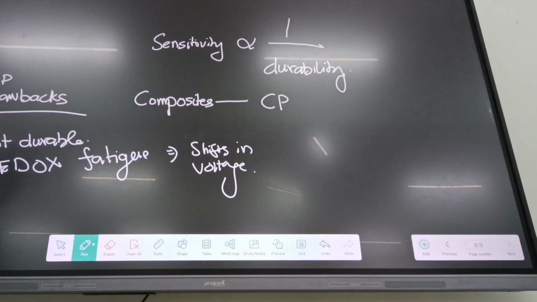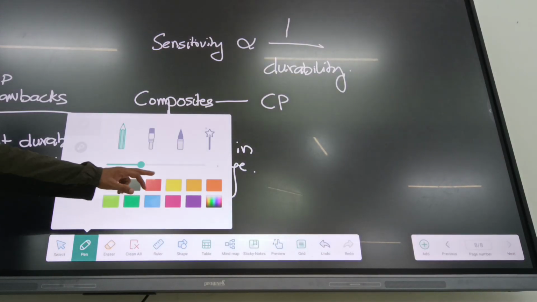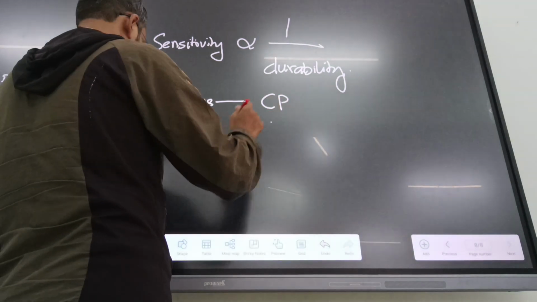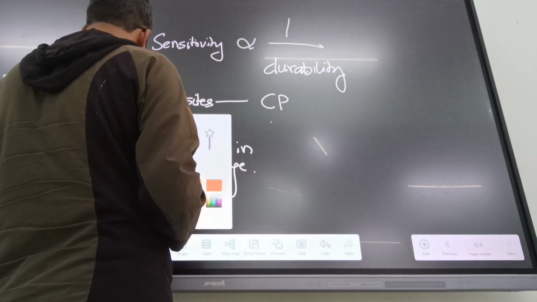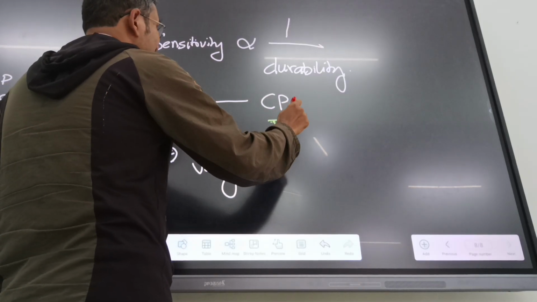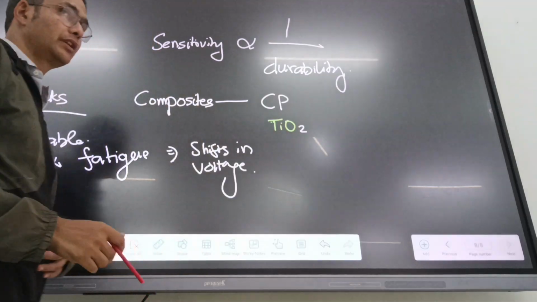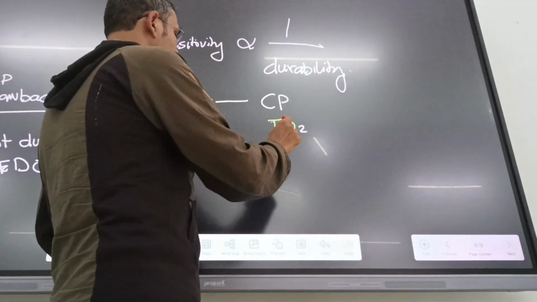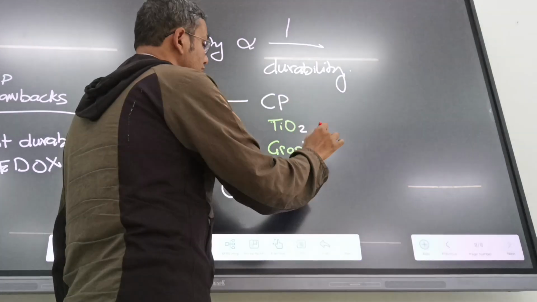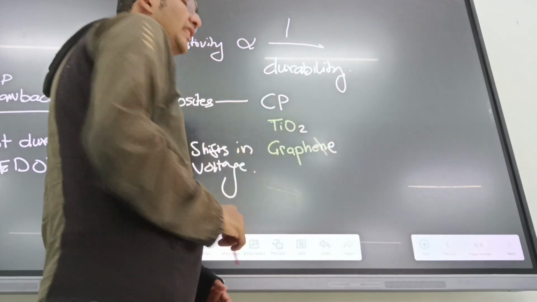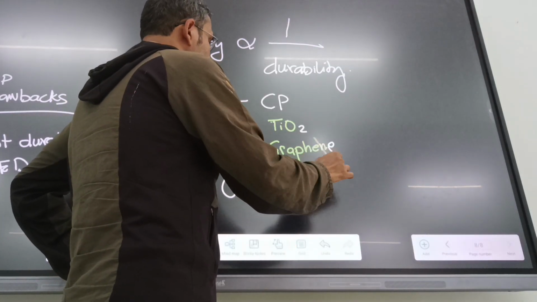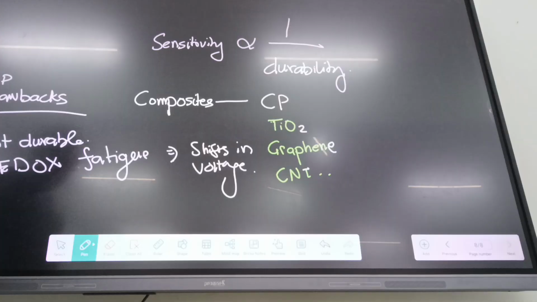For example, they are making composites of TiO2, titanium dioxide, composites of graphene, carbon nanotubes, a lot of different composites.